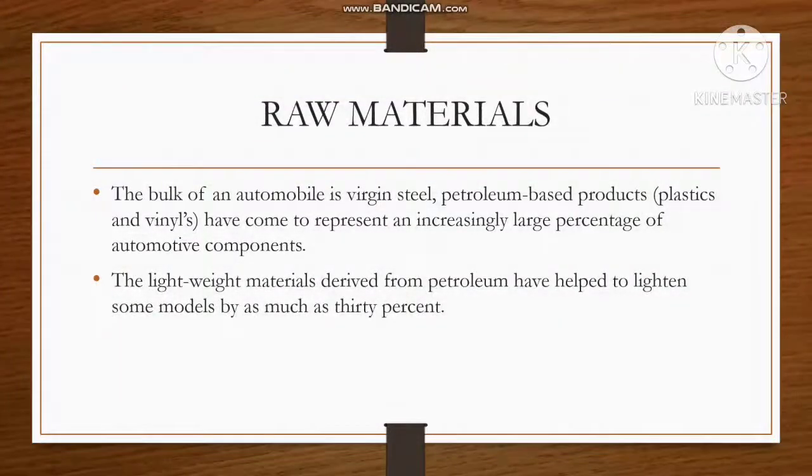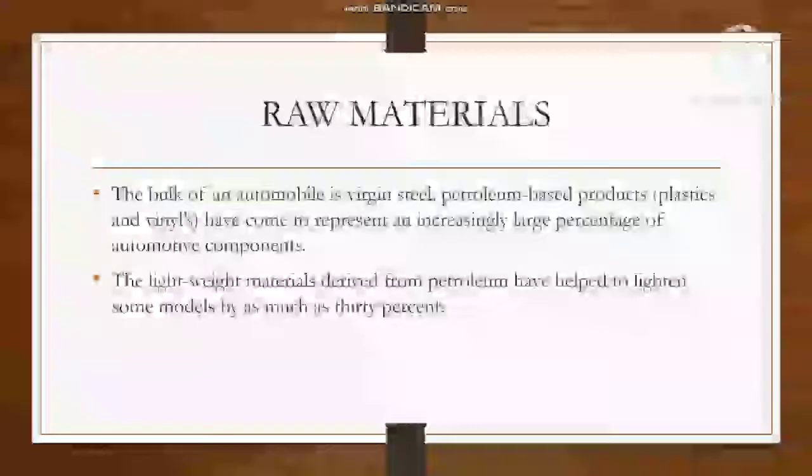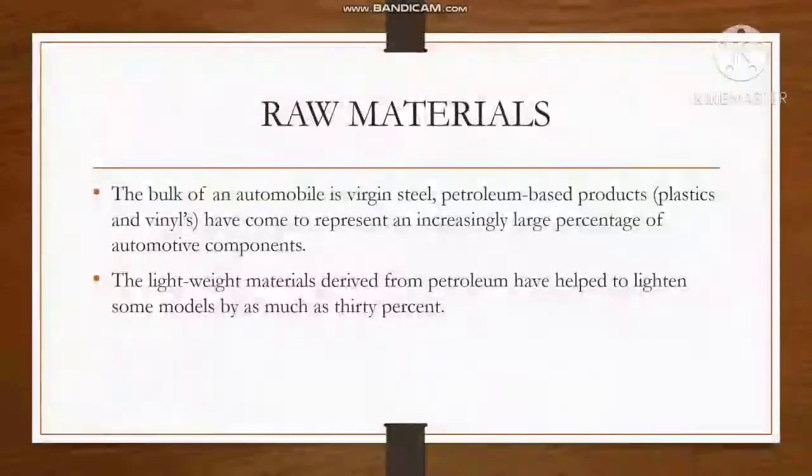The lightweight materials derived from petroleum have helped to lighten some models by as much as 30%. As the price of fossil fuels continues to rise, the preference for lighter, more fuel-efficient vehicles will become more pronounced.